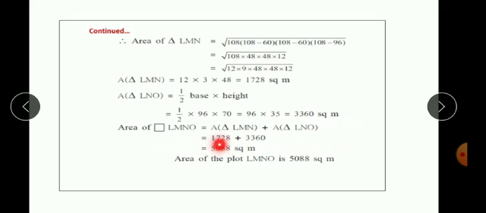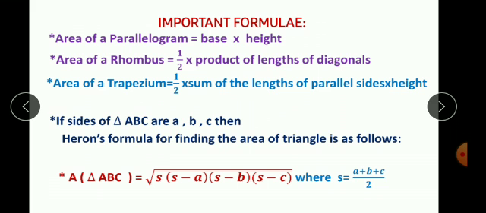That is, the first area is 1728 plus the other area 3360. So total is 5088 square meter. Therefore, area of the plot LMNO is 5088 square meter. Children, here we have finished the second sum and we will see the next part in the next slide.